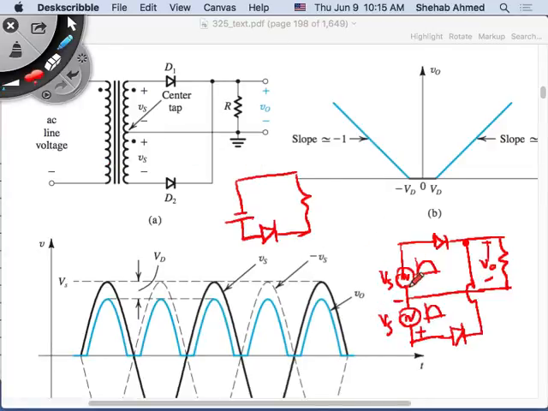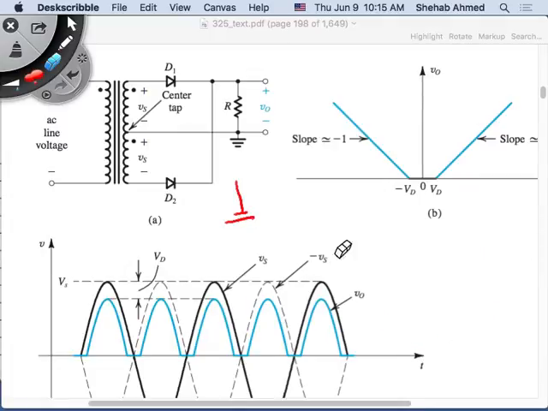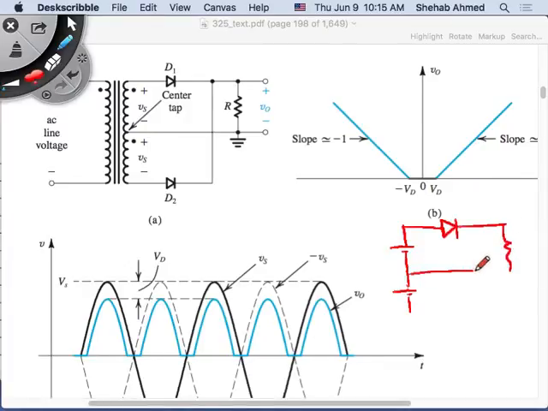In the positive half cycle, it's like having two positive batteries, like this.